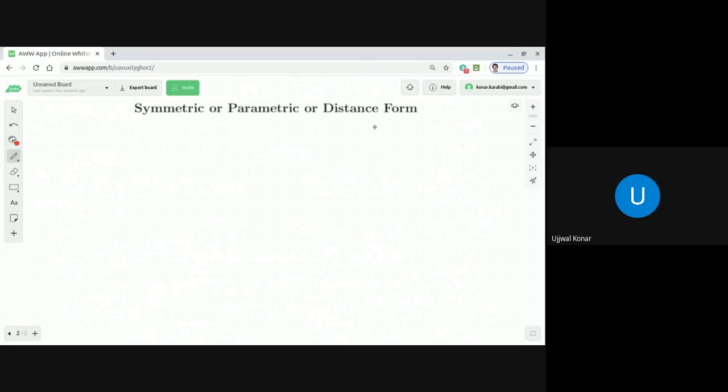So let me first draw the coordinate axes, dear students. These are the coordinate axes. This is the x-axis, this is the y-axis, this is the origin. Now suppose we have a straight line which passes through a fixed point x1 comma y1 and makes an angle theta with the positive direction of the x-axis.